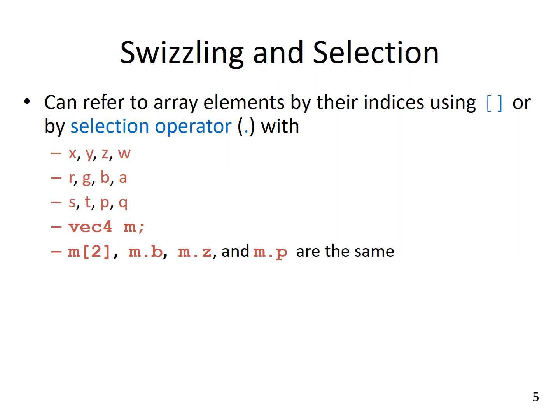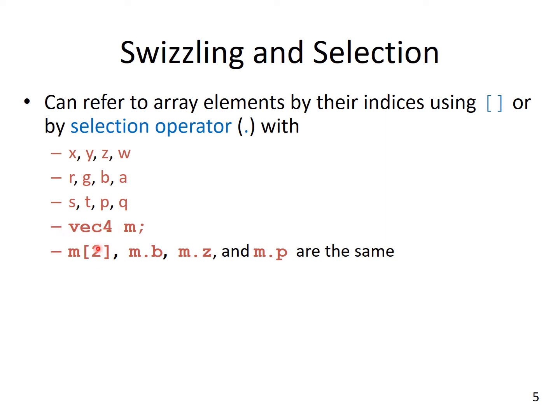We can also use swizzling and selection in GLSL. That is, we can refer to array elements by their indices using square brackets or by using the selection operator, which is dot. For example, in an array we may have xyzw values or rgba values or stpq values. And that vector is basically a four-dimensional vector, vec4.